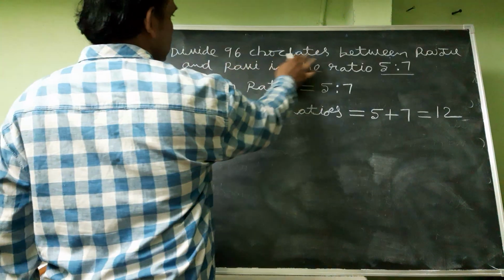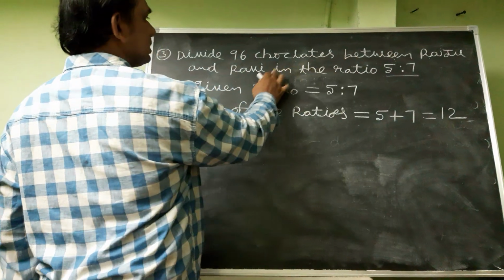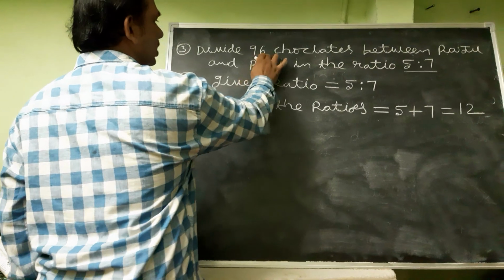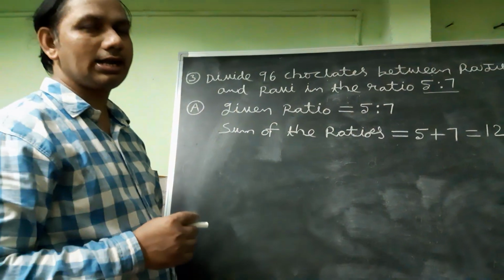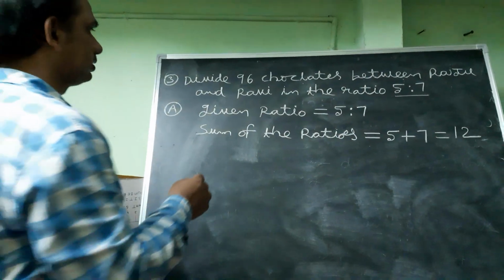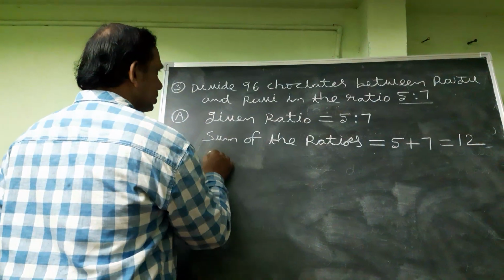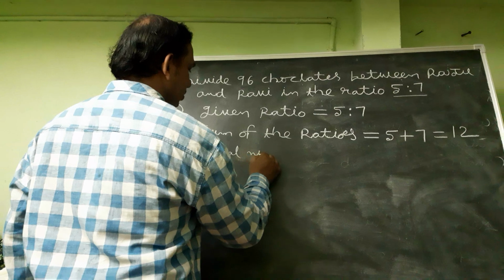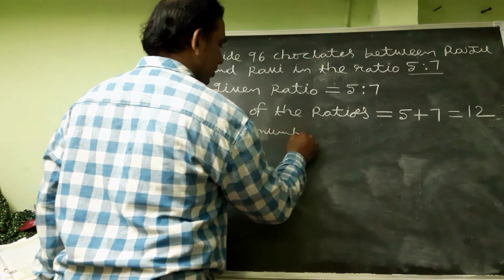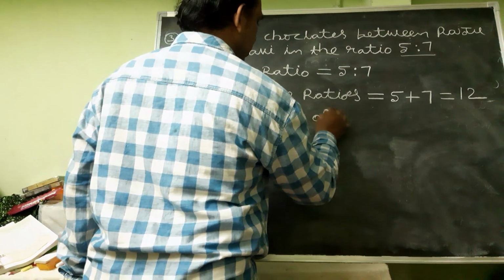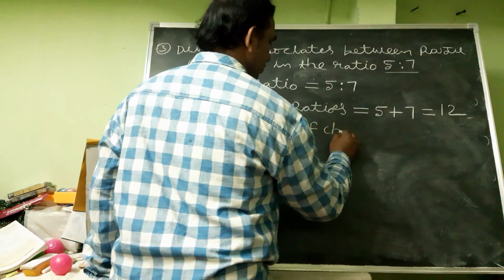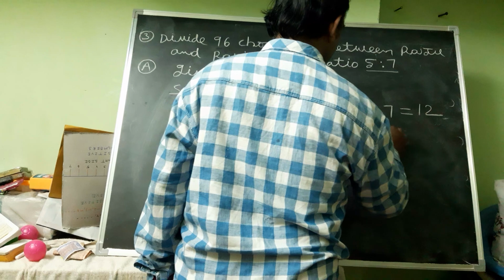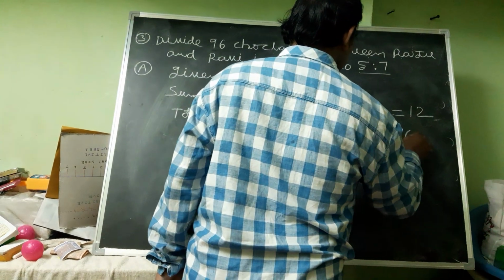Next, Raju and Ravi: total number of chocolates, how many chocolates are there? 96 chocolates are there. So total number of chocolates equals 96.